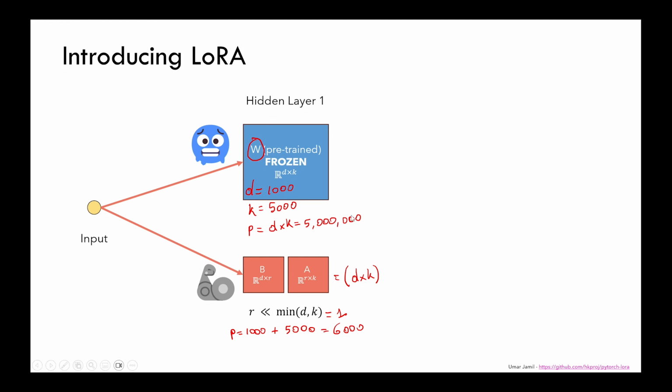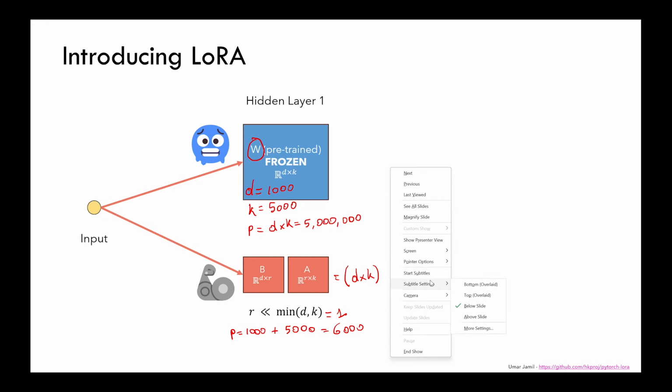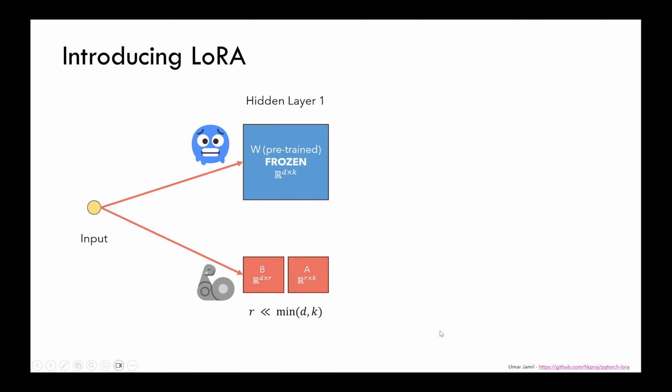So let's continue with our journey of this model. Let me delete the ink. Okay, so we create these two matrices, B and A. What we do is we combine them because we can sum them, right? Because they have the same dimension. When we multiply B by A, it will have the dimension d by k, so we can sum it with the original W. We produce the output, and then we have our usual target.